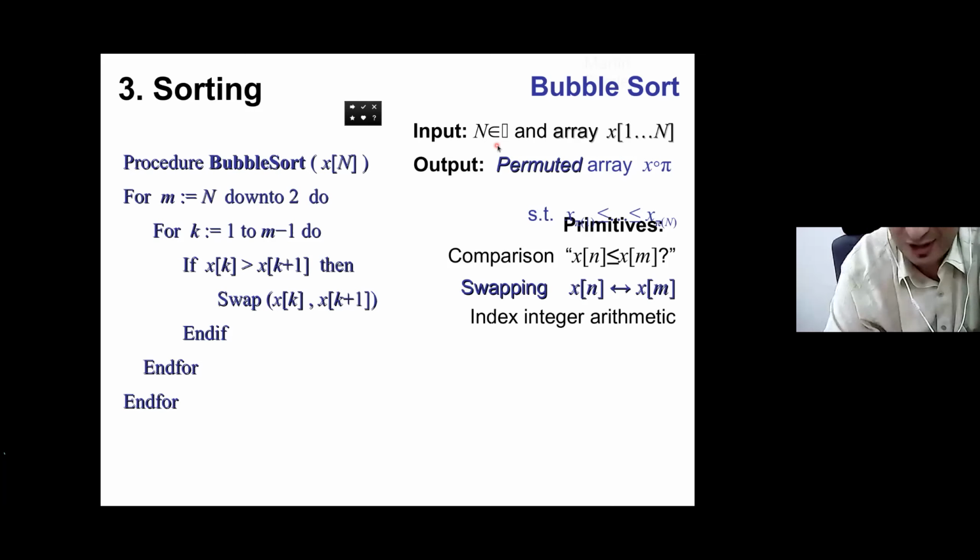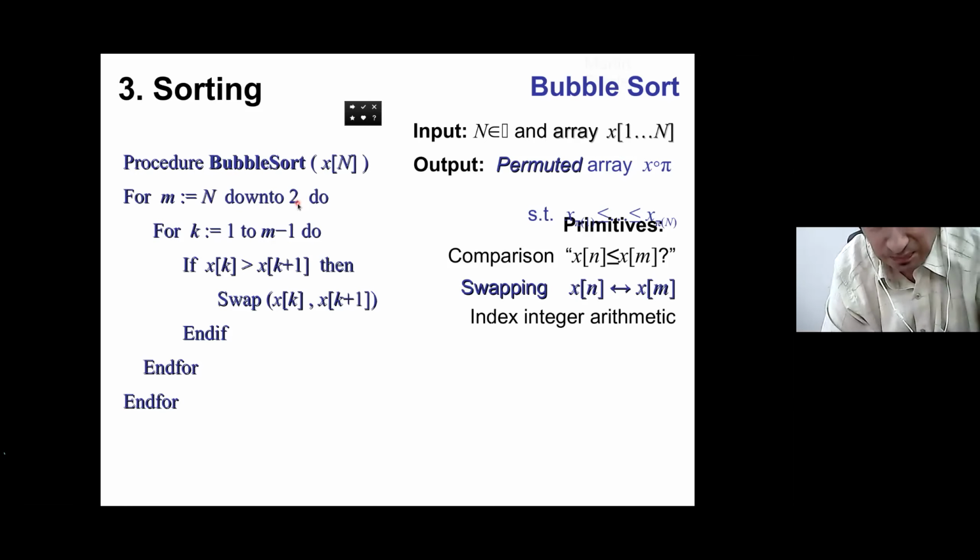You will see the animation in a moment, but the idea of the bubble sort is that you define a variable m, and you want to have x n to be the largest element in the array, then you want x n minus 1 to be the second largest, and etc. And you accomplish this by setting m to the value n, n minus 1, and so on down to 2.